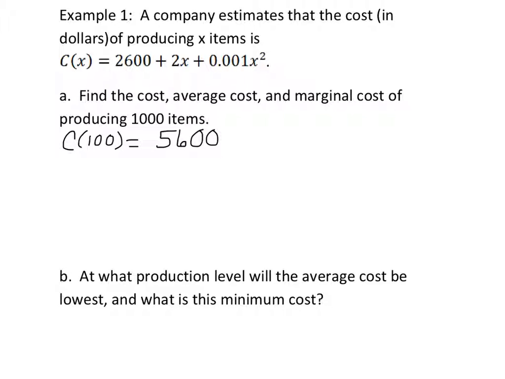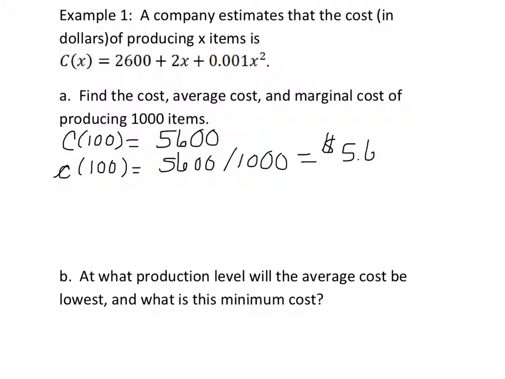All right, then average cost is simply going to be what we just got, this 5,600, and we're going to divide it by 1,000 because that would be how many items we found the total cost for. So the average cost per item is about $5.60 per unit.